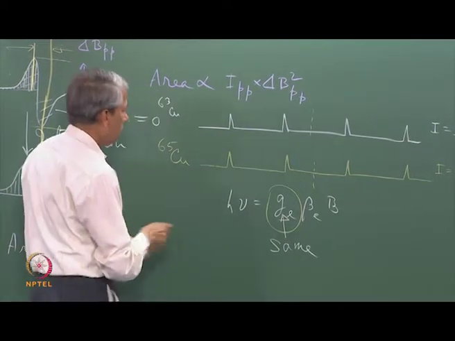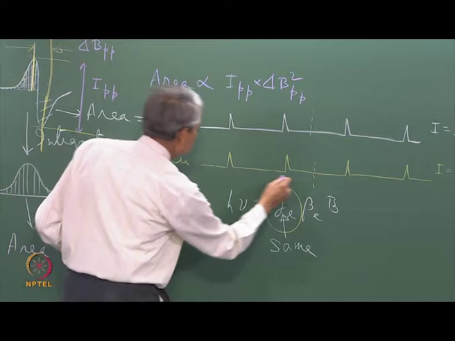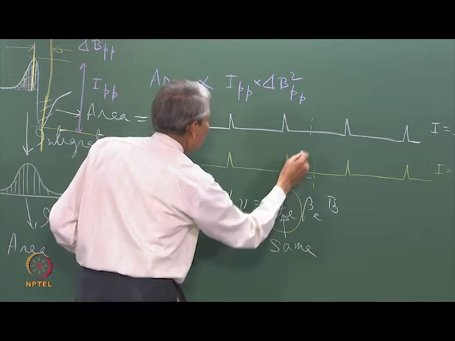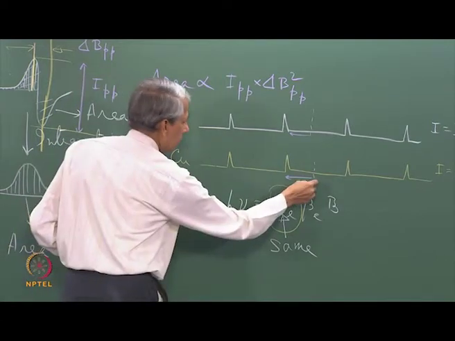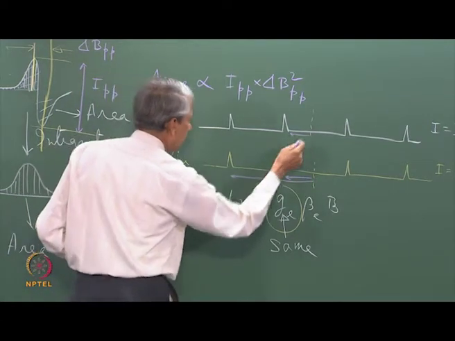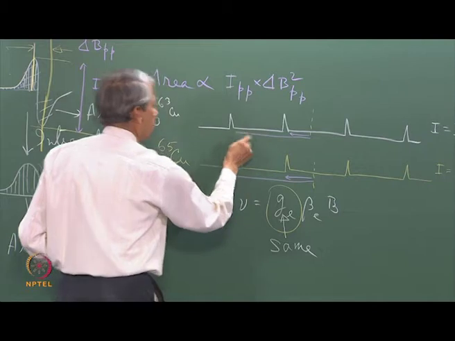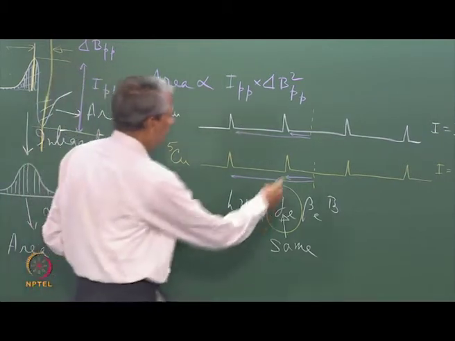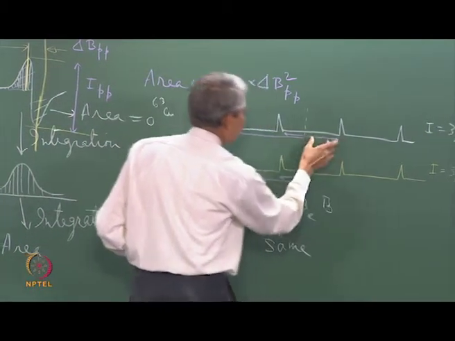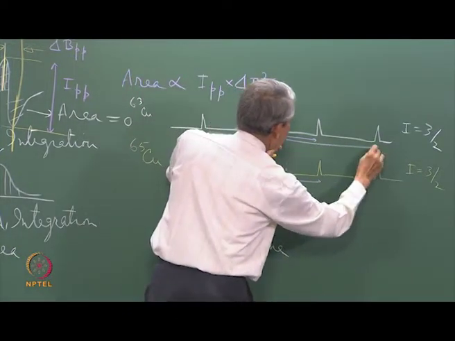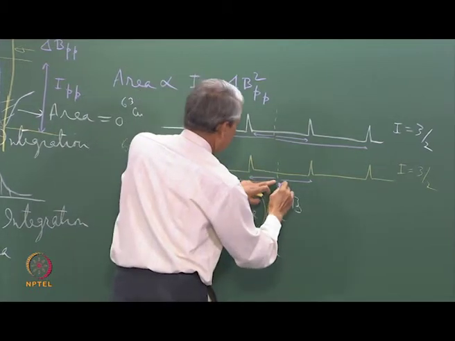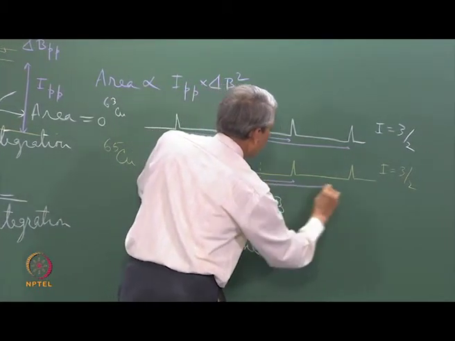Now, how is it going to change? So, this gap will be just a little bit bigger than this gap. Similarly, from here this gap will be still bigger than the gap that is here. In the same way, the gap that is here will be a little bit less than the gap that is here, and the gap between this and this will be much smaller than the gap that is here.